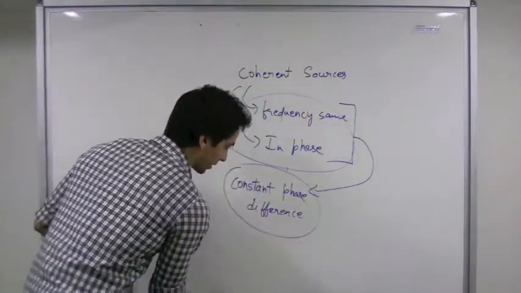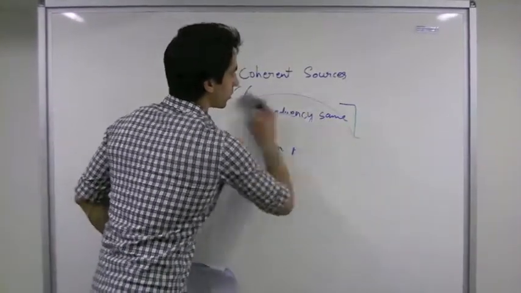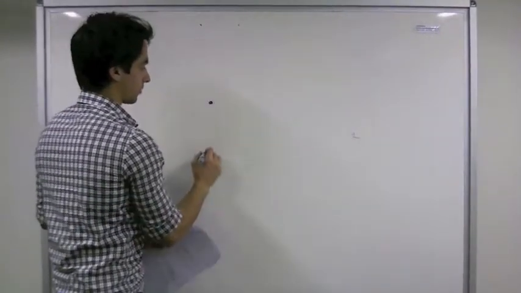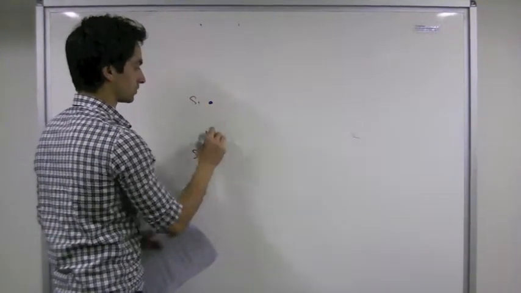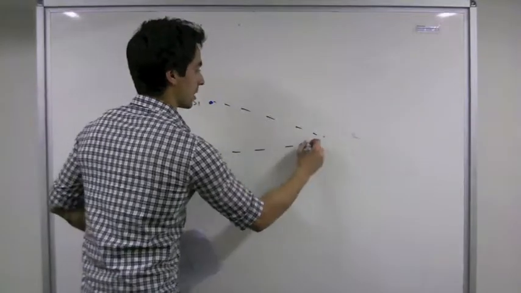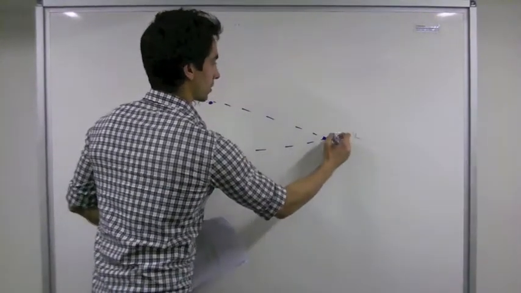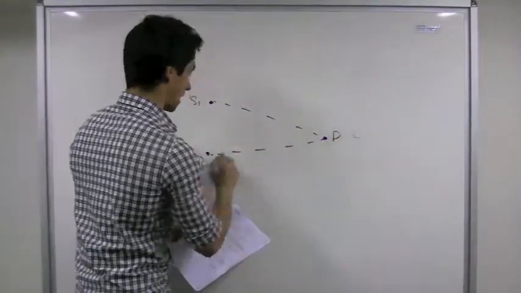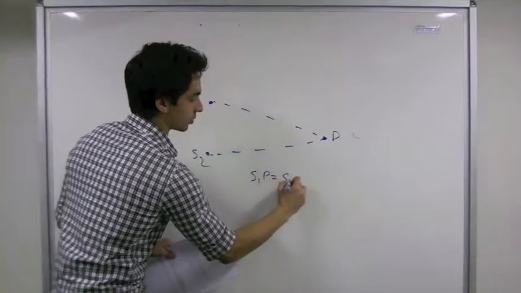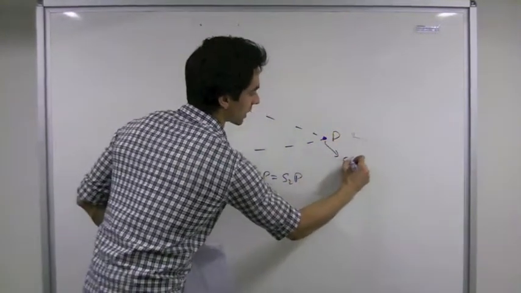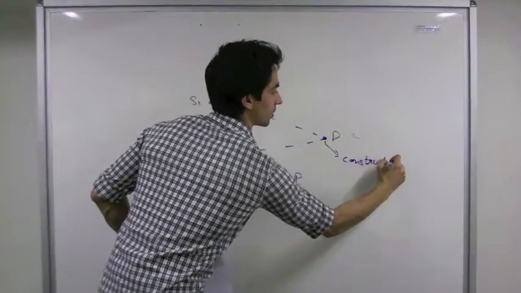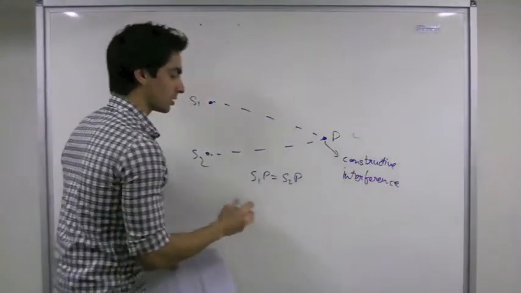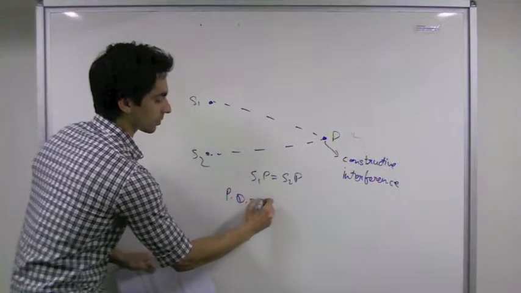In order for two waves to produce constructive interference from 2 point sources S1 and S2, if the paths are exactly the same, S1P and S2P, if S1P is equal to S2P, we would have constructive interference at this point. Why? Because the path difference is 0.